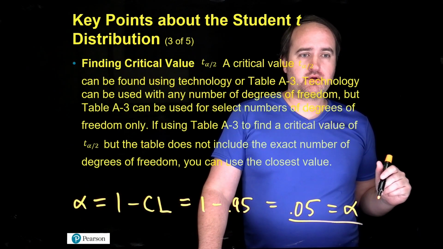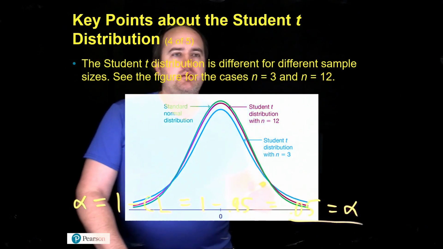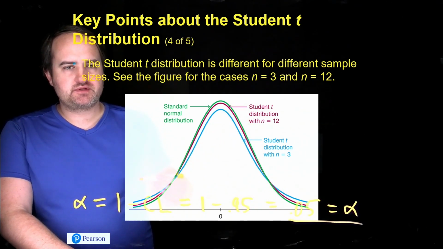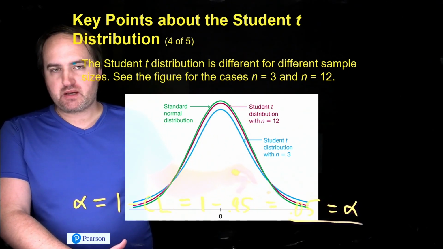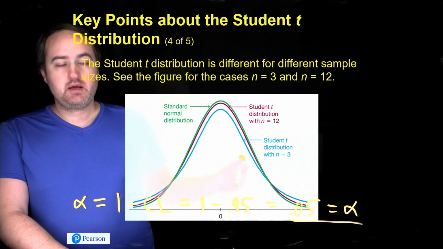If we look at the graph, the student t distribution is still bell-shaped and symmetric. It's not exactly the same shape as the normal distribution, but it's close.